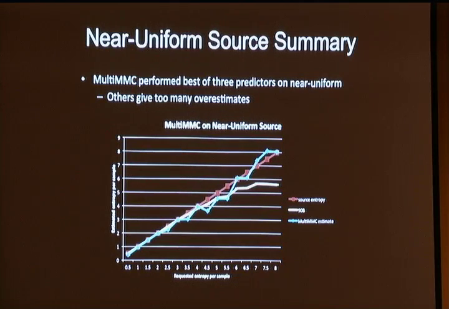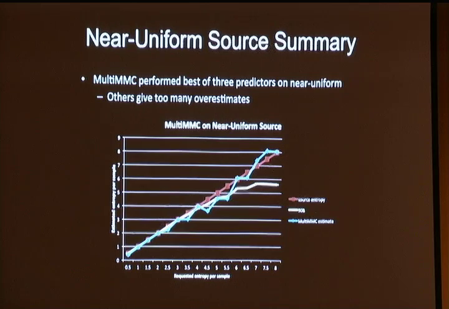When we have the near uniform source graph, we see that multi-MMC performed best, and the other predictors, which are not shown here, gave a lot of overestimates, which were not good for estimating the entropy.